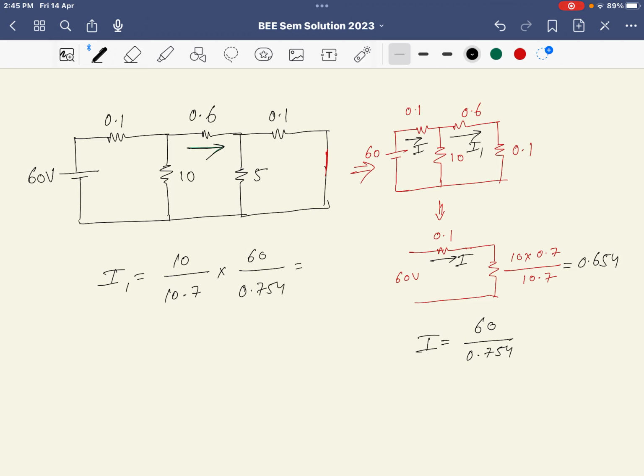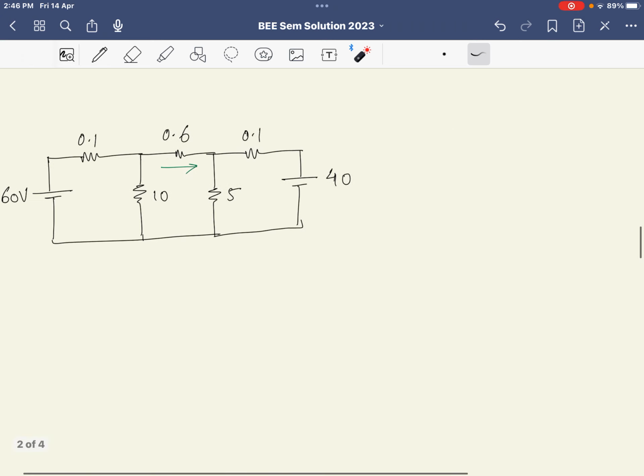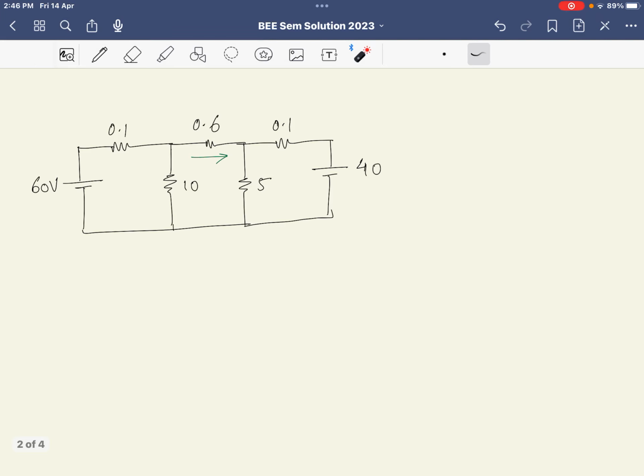Now this is nothing but 600 divided by 10.7 divided by 0.654, and that equals 74.369 ampere. So we get the value of I1 from one source. Because of this 60 volt source, we get the current over here, correct? That is 74.369.